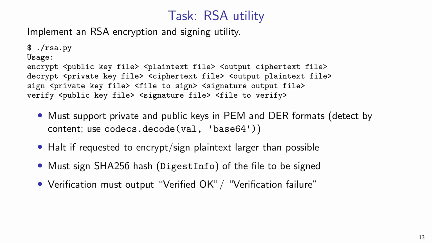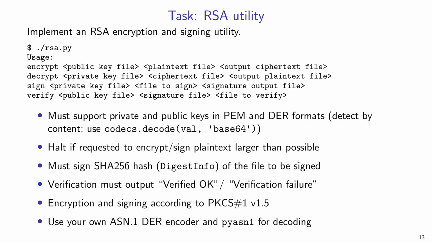See the test case in a few slides for the precise output your tool must print. Encryption and signing must be done according to PKCS 1 version 1.5 standard, which I will explain on the next slide. For ASN1 DER encoding, use your own encoder and use PyASN1 for decoding.